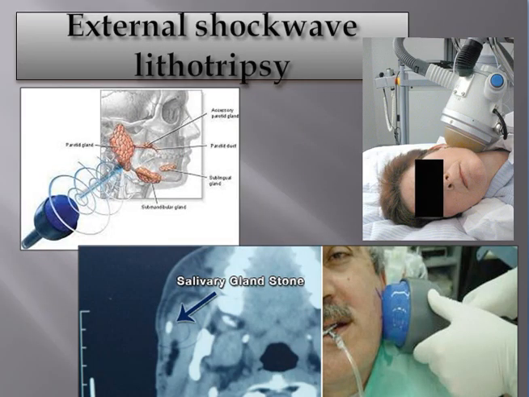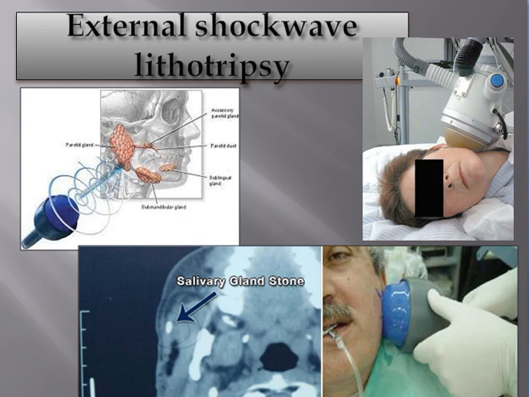External shockwave lithotripsy is an option for stones not palpable or visualized under endoscopy. Intraparenchymal stones can be extracted endoscopically if they are 5 to 7 millimeters and visualized. Larger stones require treatment with transoral slitting.